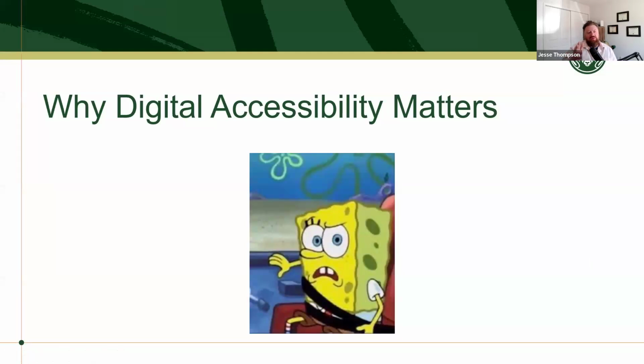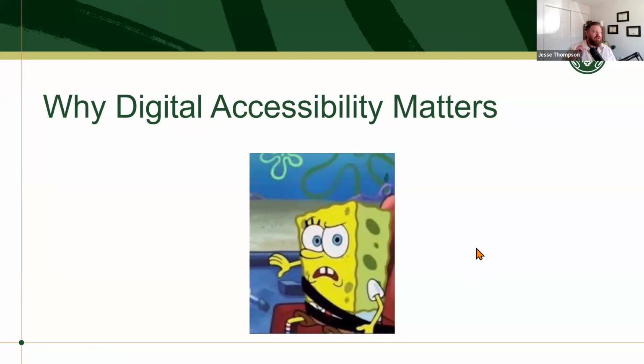This is a representation of why digital accessibility matters, right? There are a couple things that you would need in order to know what this image represents, right?